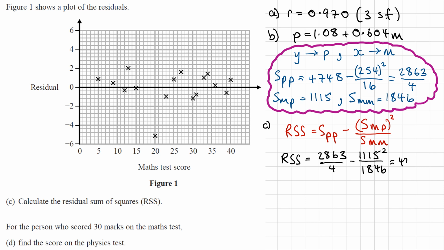That gives 42.2803 and so on. I want to give that answer to three significant figures. So RSS equal to 42.3 to 3 significant figures. Okay.